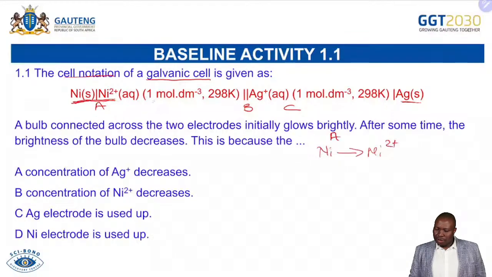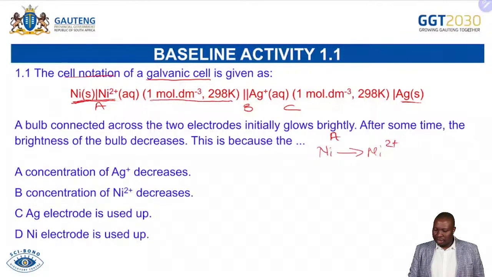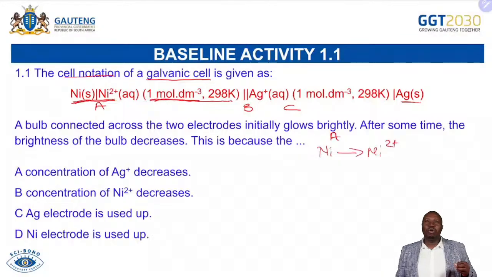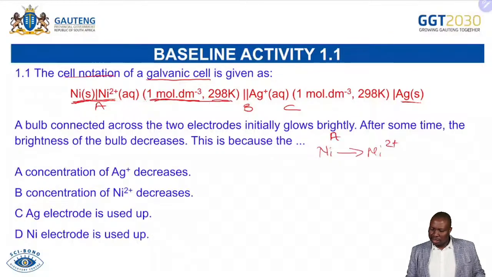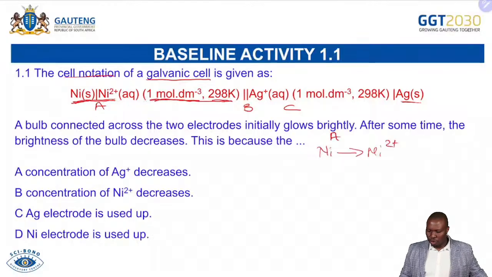And I like it when you indicate the standard conditions there, to say this is under standard concentration, which is our initial concentration of 1 mole per cubic decimeter, and a temperature of 25 degrees Celsius or 298 kelvins. So already you can see that those are the conditions that are needed for these cells to function.